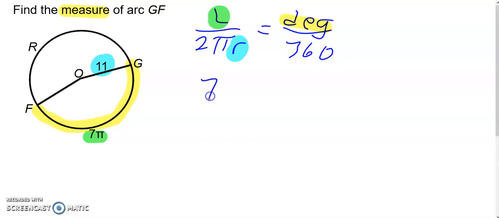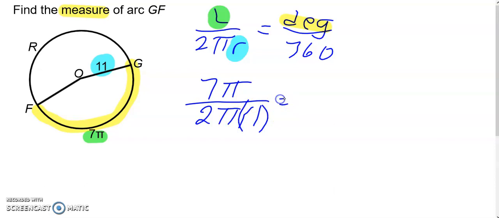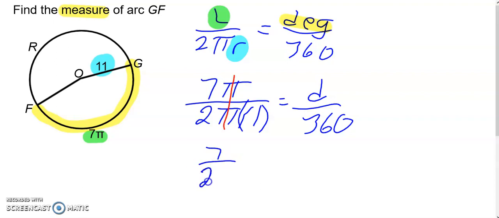It's 7 pi over 2 times pi times 11, and that equals the degrees in the circle, which is what I'm looking for, over 360, because measure is degrees. What's kind of cool is you might notice pi over pi, the pi's cancel out. That leaves us 7 over 22 equals d over 360.